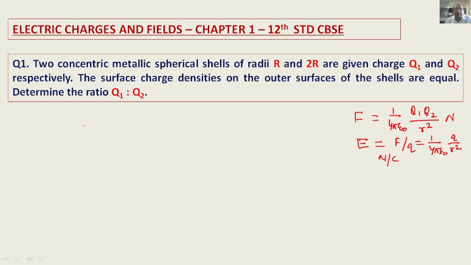Now let us see question number 1. Two concentric metallic spherical shells of radii r and 2r are given charges Q1 and Q2.